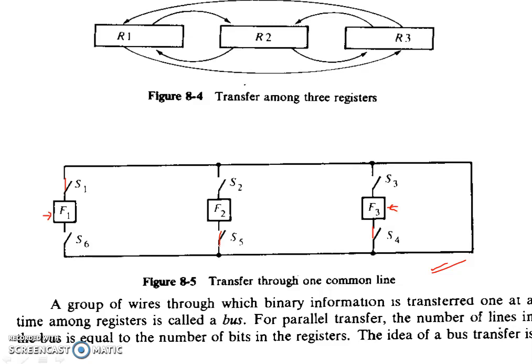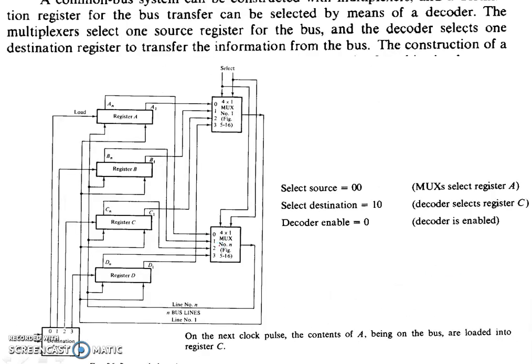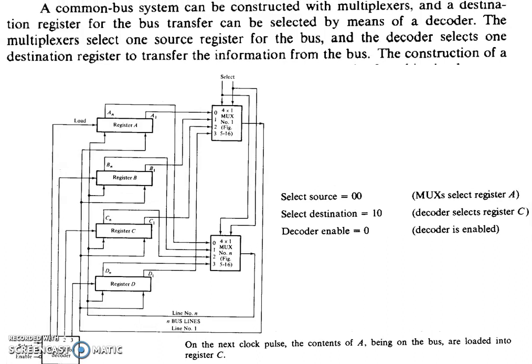And for parallel transfer, the number of lines in the bus will be equal to the number of bits in the registers, as we have seen earlier for parallel transfer. Now we can see this diagram. There are 4 registers, and the transfer is being done on the bus with the help of a multiplexer.